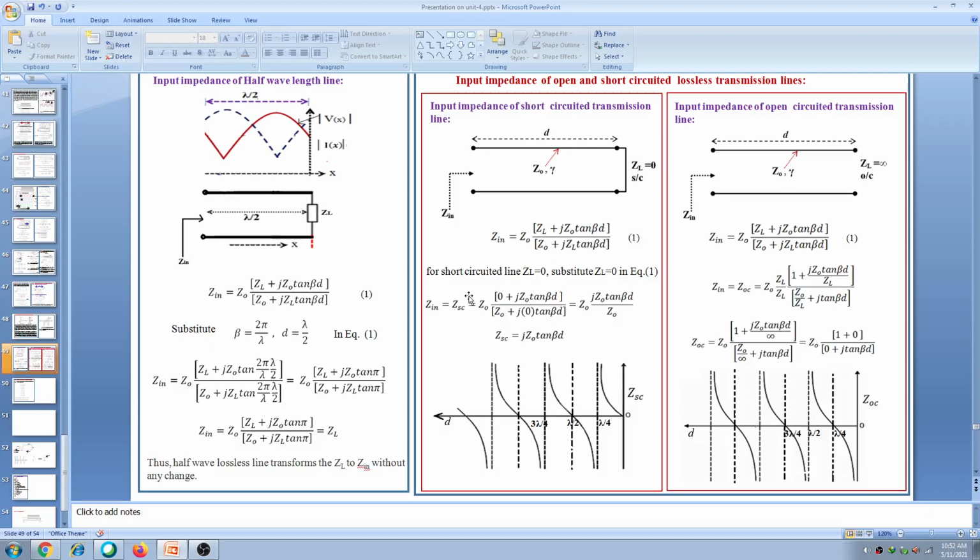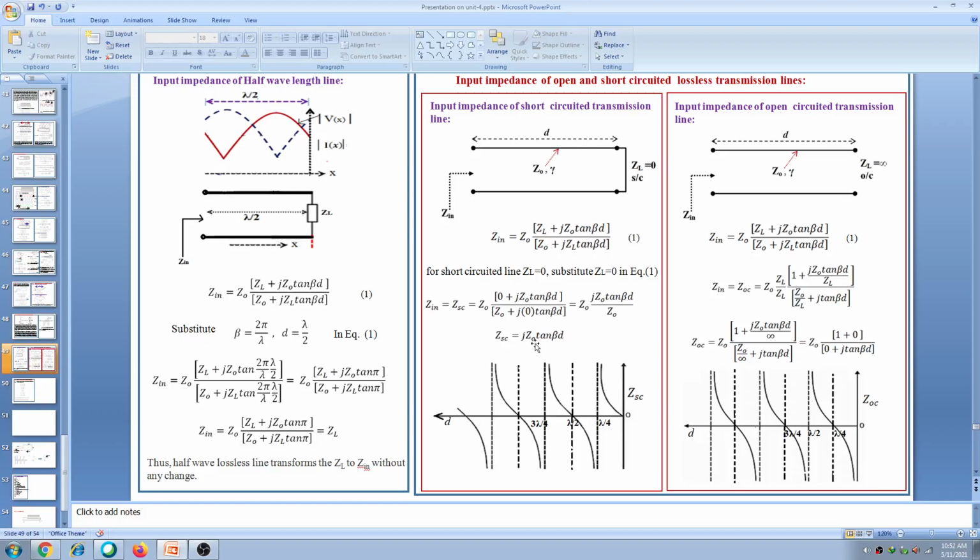For a short circuited line, ZL equal to 0 in this equation, Z0 cancels, and the remaining is jZ0 tan beta D. This is ZSC.